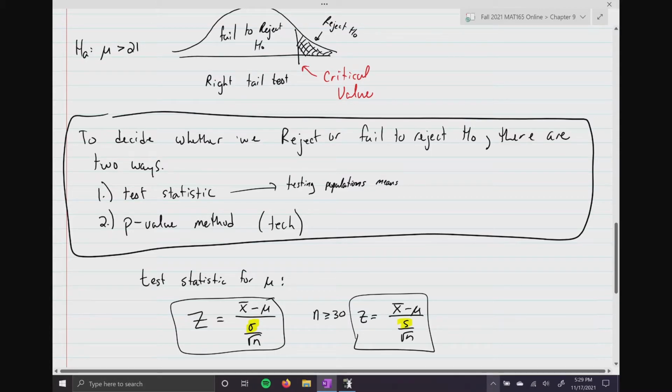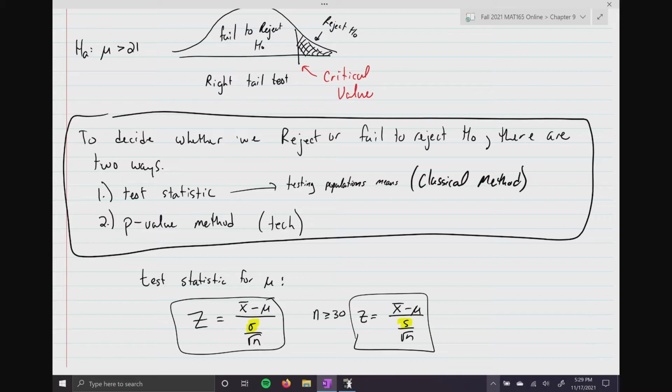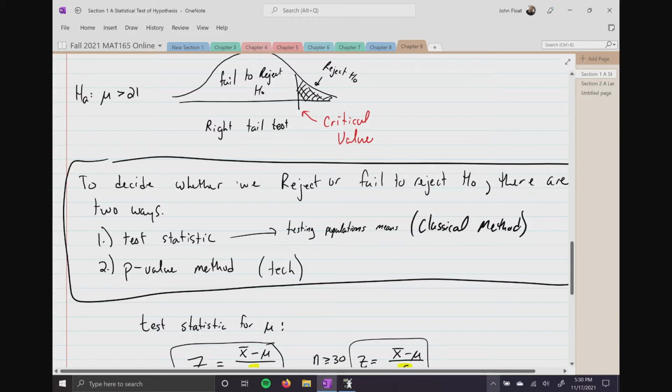The first is a test statistic, testing population means. That's what we're currently doing, okay? Some people refer to this as the classical method. All right? Now, there is another method called the p-value method. Now, normally with the p-value method, we like to use technology, okay? However, you can still use your table when using the p-value method. So let me show you how the p-value method works.